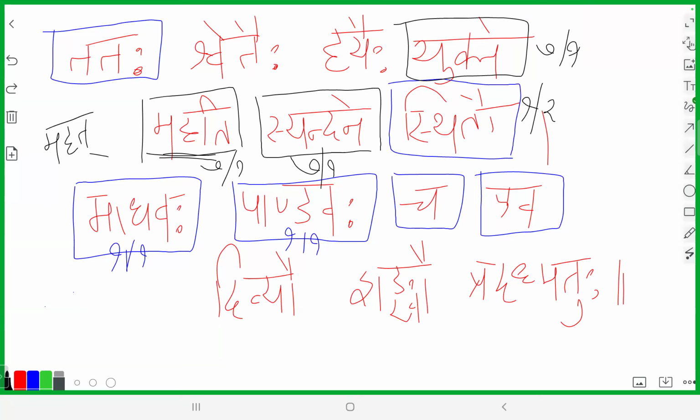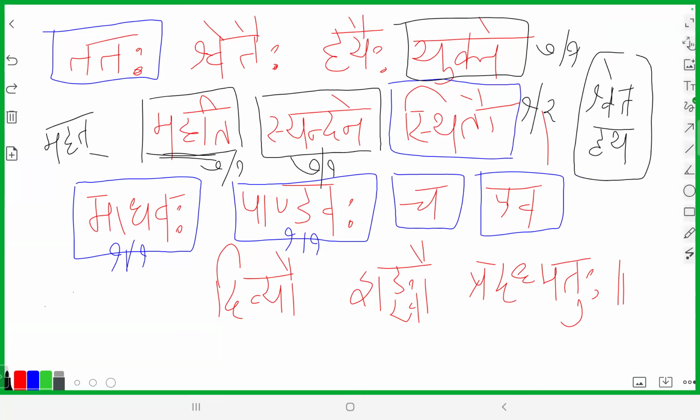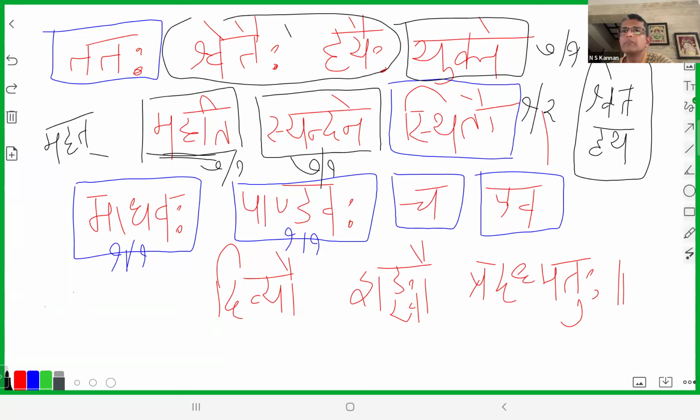Then you come to the two pratipadikams, shveta and ashva. Tell me what vibhakti shvetaihi, ashvaihi. Tritiya vibhakti. Very nice. So this is tritiya bahuvachanam. Good. Right?